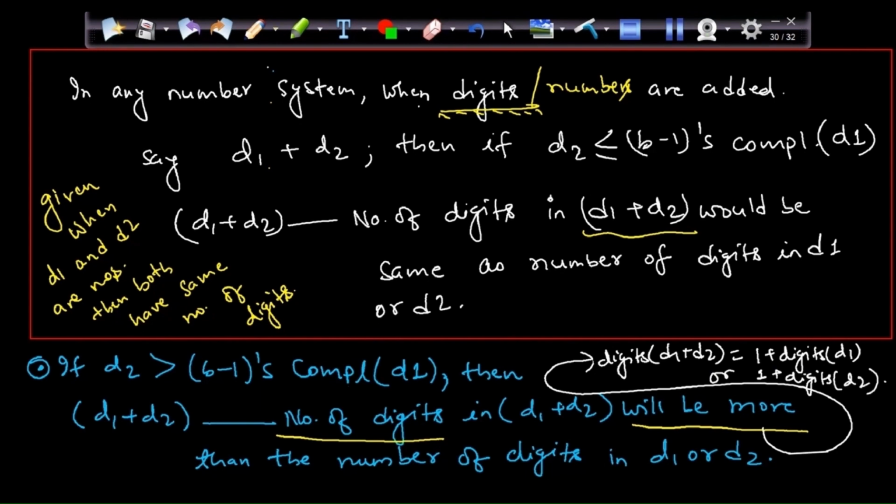Right? You can check it for decimal. In case of decimal, add 99 with 99.